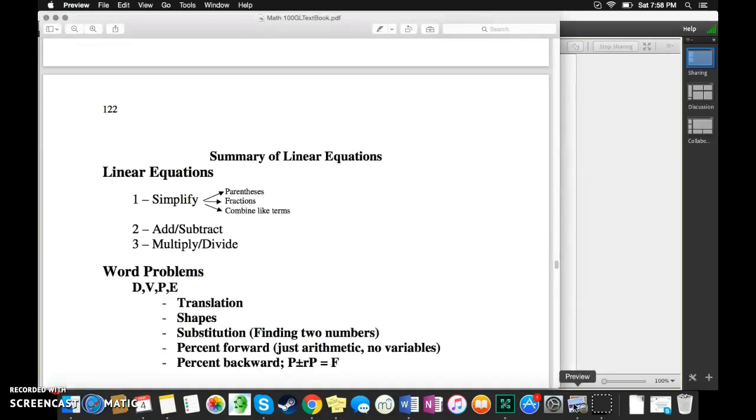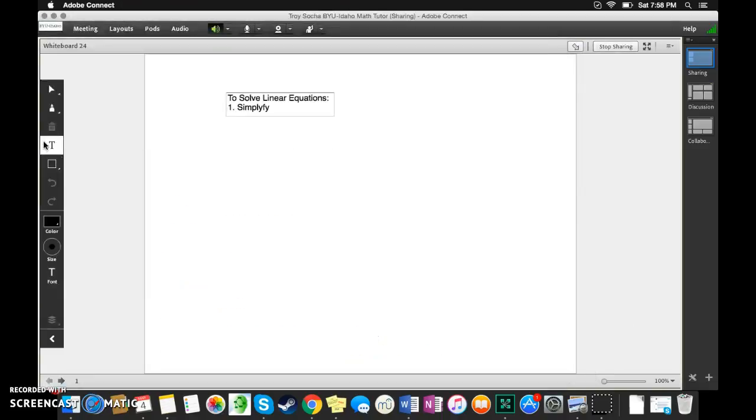So this is parentheses, fractions, combined terms, multiply exponents out, make it look all nice and pretty. 2, we are going to then add or subtract. And then we're going to multiply or divide.